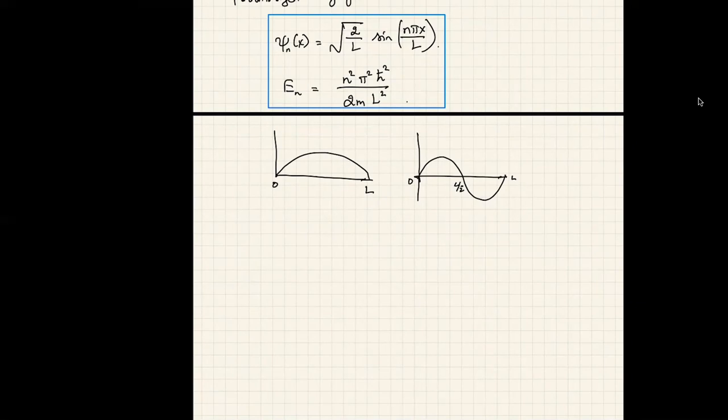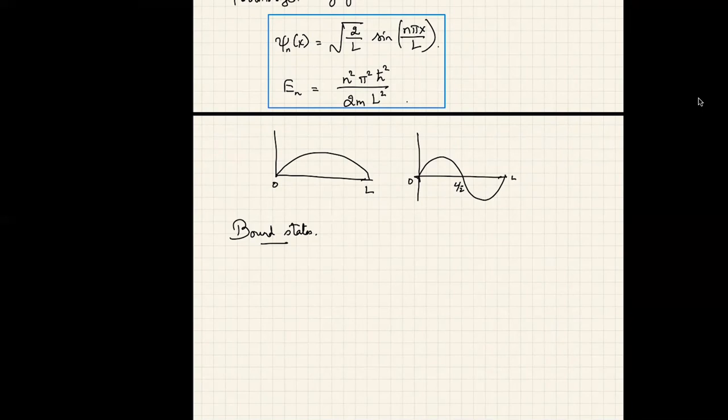Now, another very important comment is that these are what are called bound states. In general, quantum mechanics admits 2 different kinds of states: bound states and scattering states. Scattering states are those for which the particle just goes away and keeps freely traveling.